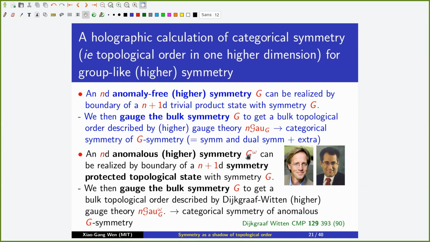When you gauge the symmetry in the bulk, you get a so-called twisted gauge theory, which is called a Dijkgraaf-Witten theory. So the categorical symmetry for anomalous symmetry is naturally this Dijkgraaf-Witten gauge theory. Again, the symmetry, dual symmetry, and all these extra features are automatically in this bulk topological order. It's all included. So this is a kind of holographic calculation of this categorical symmetry.